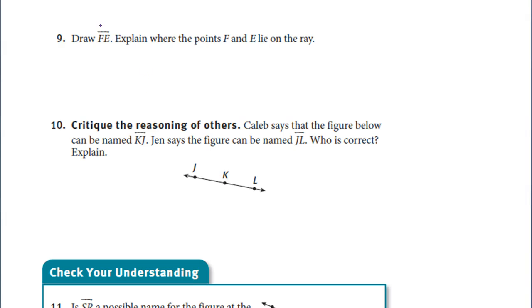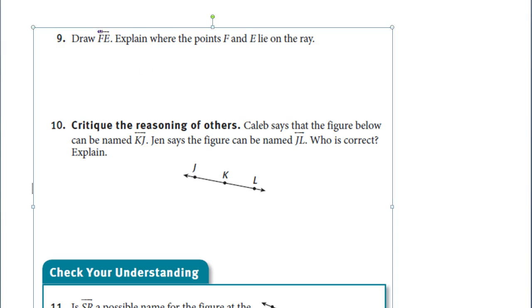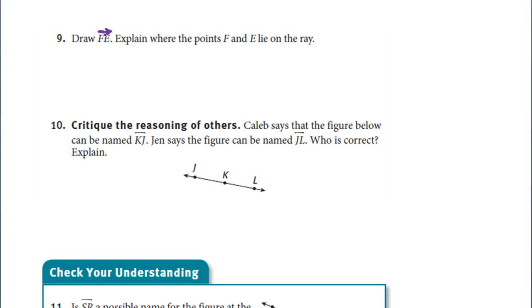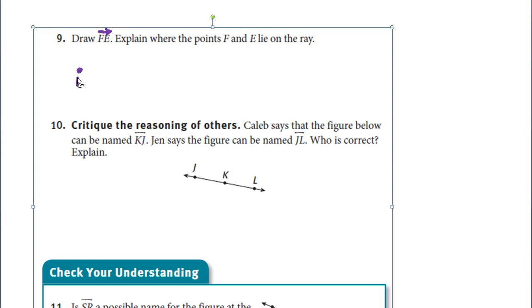Question 9. This is a little hard to read, so let me trace over that. That has the ray symbol. So this says draw ray FE and explain where points F and E lie on the ray. So ray FE starts at a point called F, and it doesn't matter which way you draw it on paper, it's your drawing, but then it travels and ends in an arrowhead, and somewhere along the way runs through point E. So something that looks like this is ray FE.